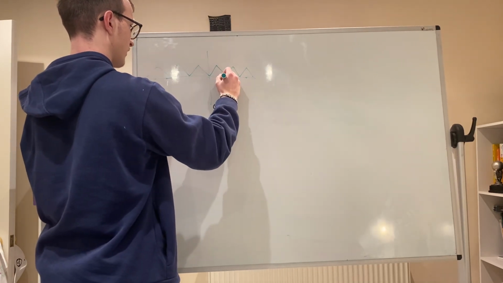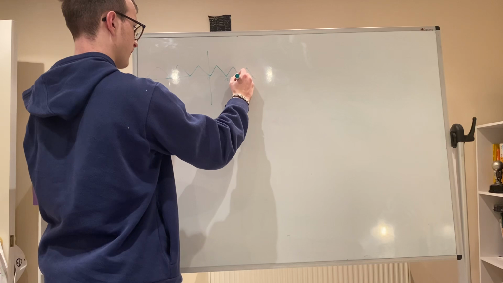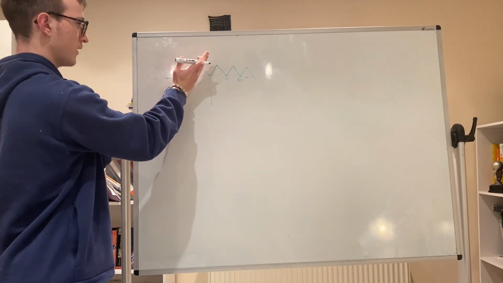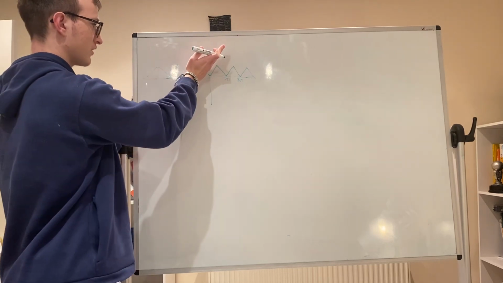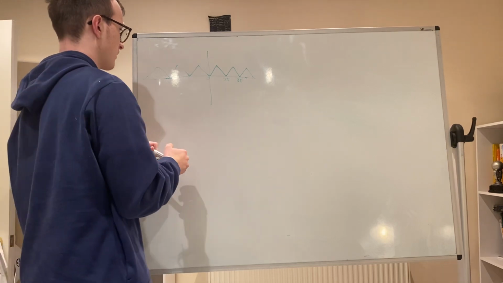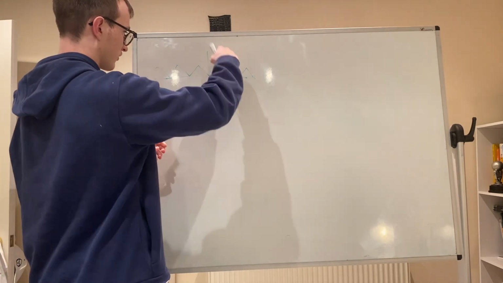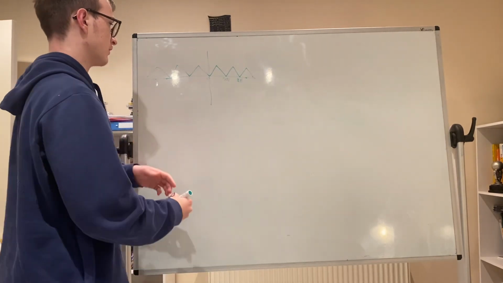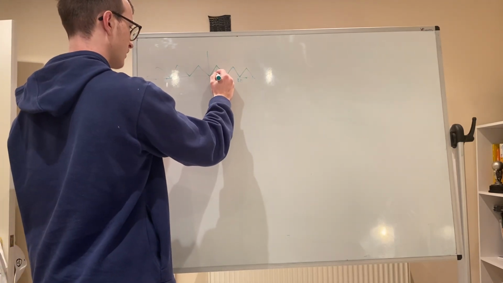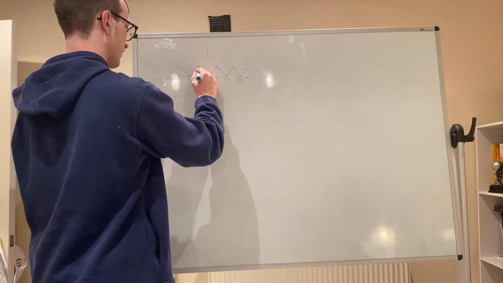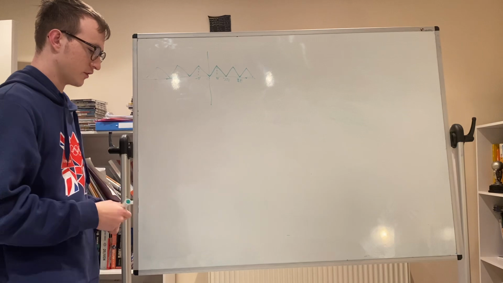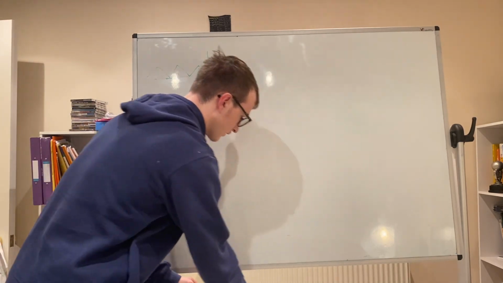We've got 0 here, 2 pi here, 4 pi here. When it's going up, we've got y equals x, and when it's going down, it's y equals minus x, and it just repeats forever. The period of this function we can say is minus pi to pi. So good, we can do a little Fourier series expansion of this function.